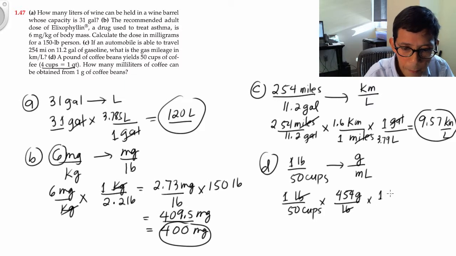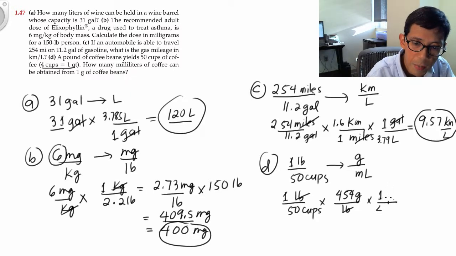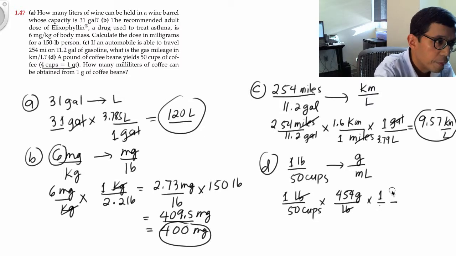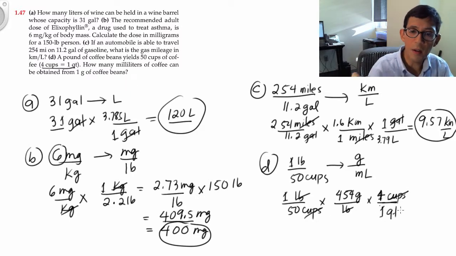In 1 quart there are 4 cups. Cups should be the numerator because we want to get rid of cups. So there are 4 cups in 1 quart. So cups cancel. We are now in quart as far as the denominator goes.